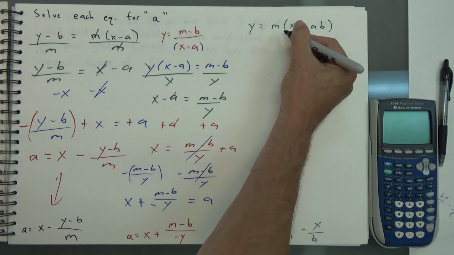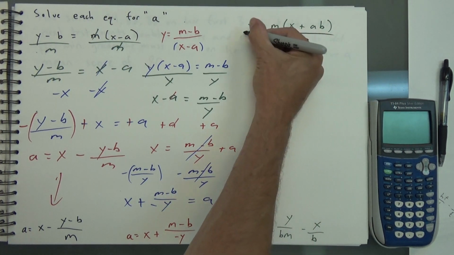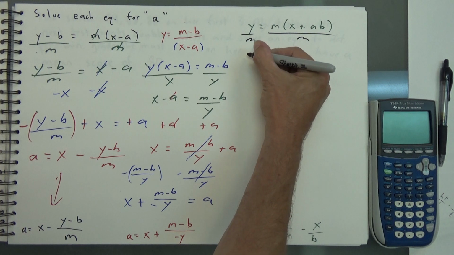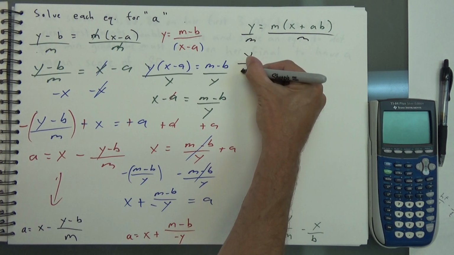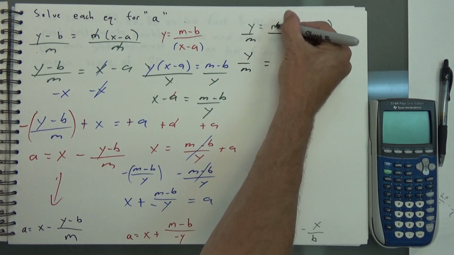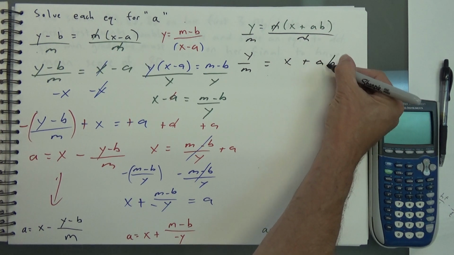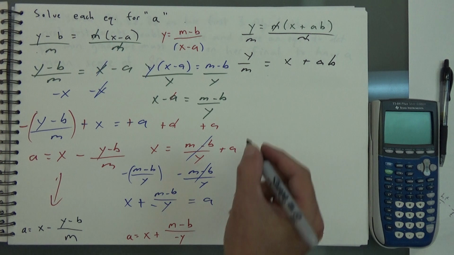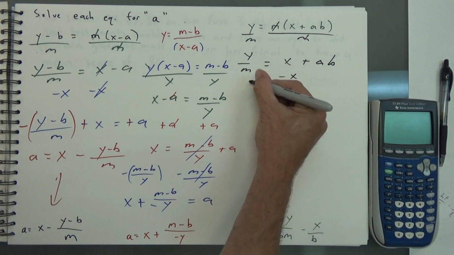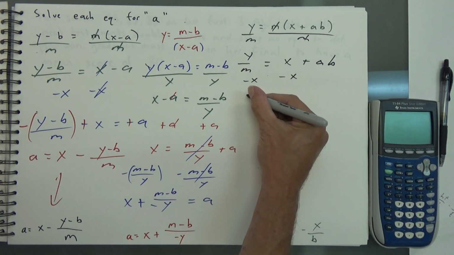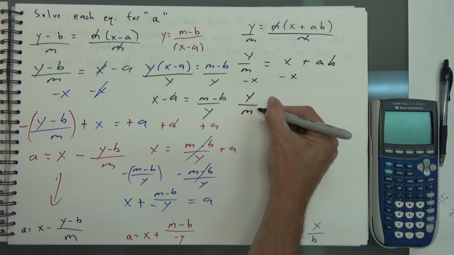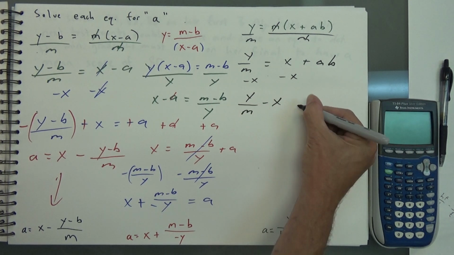Let's divide both sides by m. I get y divided by m equals, these cancel, x plus ab. Subtract x from both sides, and I get y over m minus x equals ab.